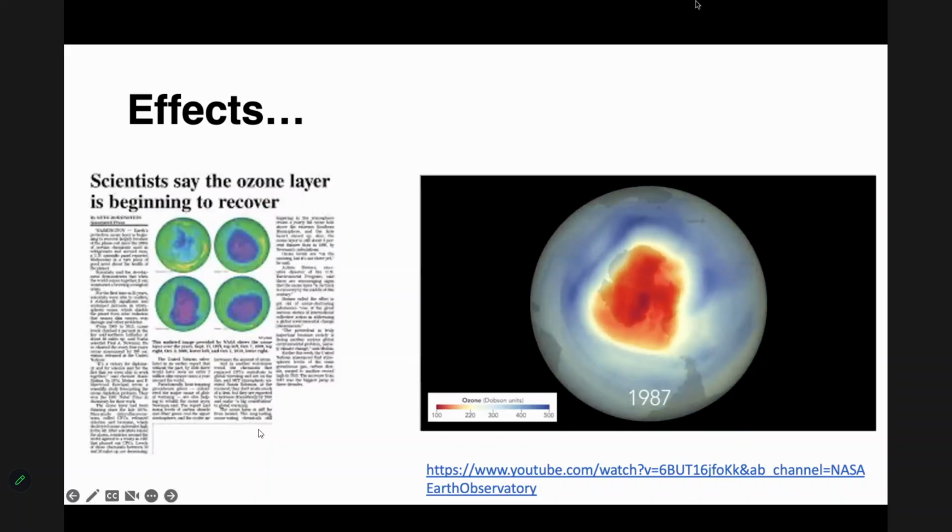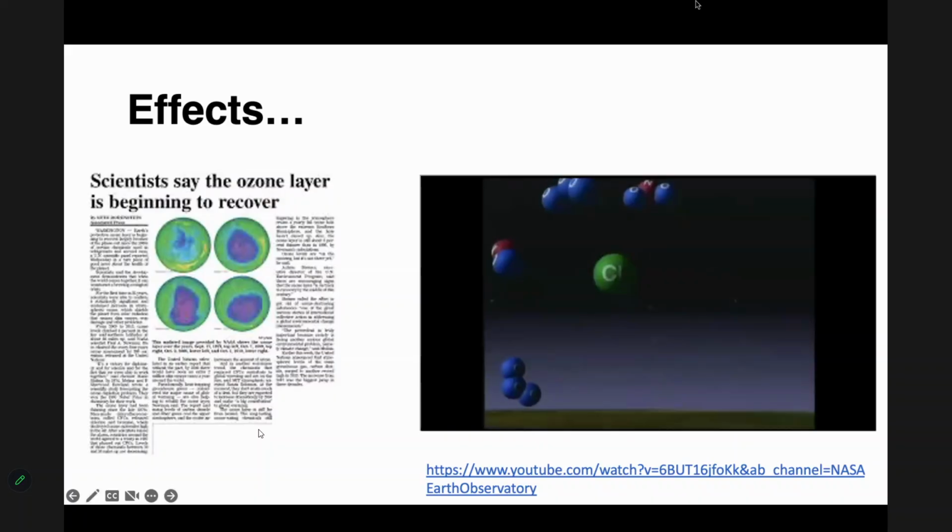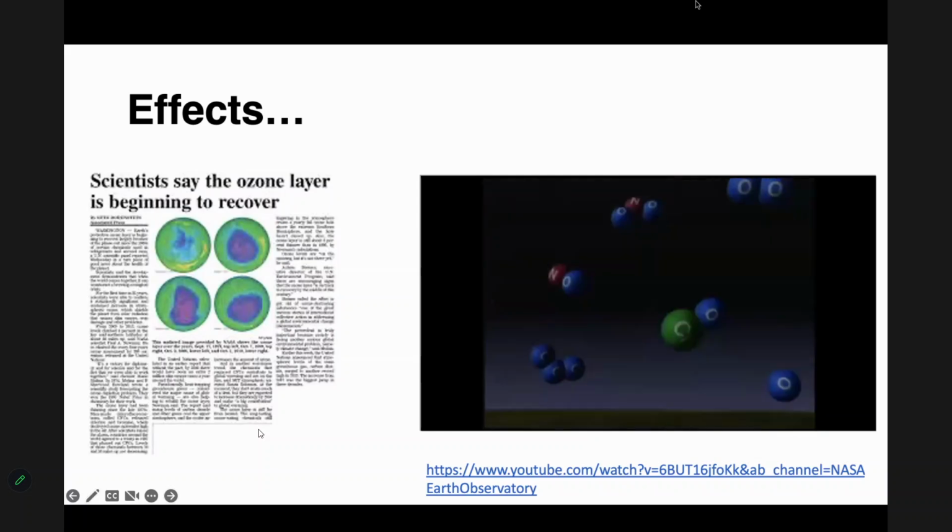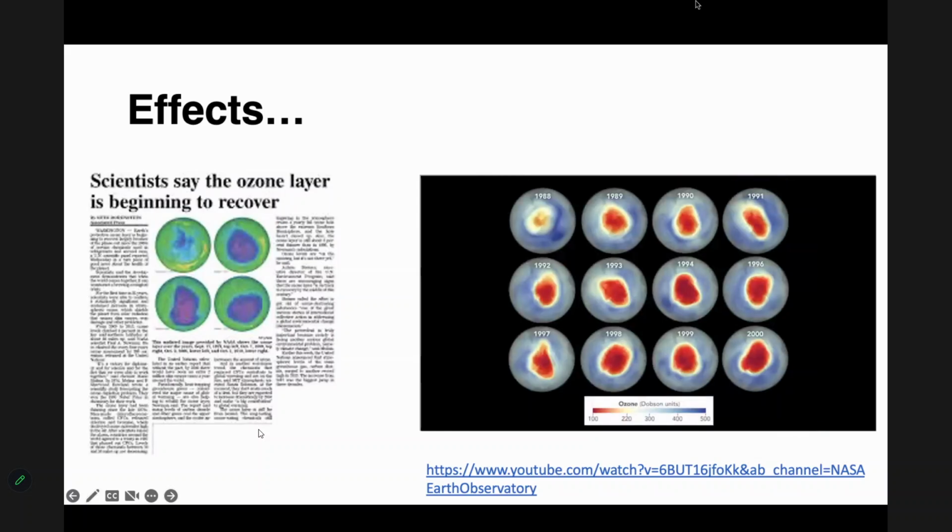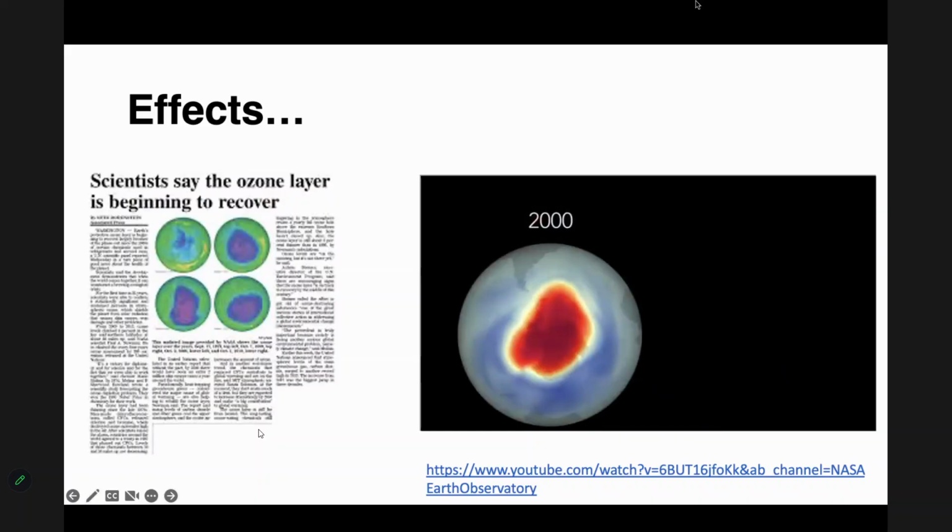In 1987, nations around the world came together to fix the problem through the Montreal Protocol. The international treaty banned the production of ozone-depleting chemicals like chlorofluorocarbons, or CFCs. But these chemicals had been in use for decades, and they stay in the atmosphere for a long time. So it took a while to see the effects of the ban.